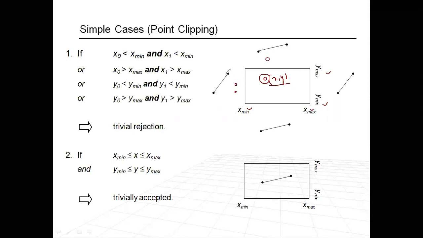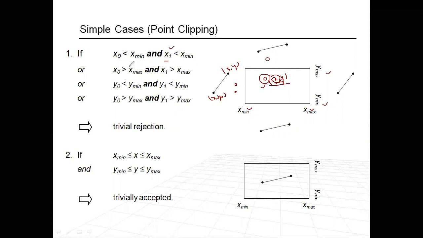If I'm talking about these two points, x naught, y naught and x1, y1, we can check whether this x is lying below the minimum value of x, so it is simply outside. Likewise, if x1 is lying below x min, then it is outside.